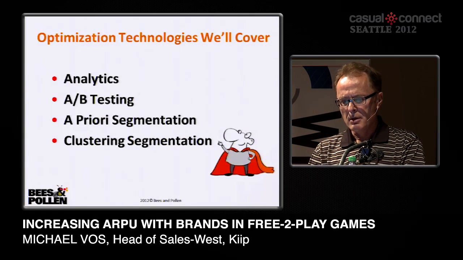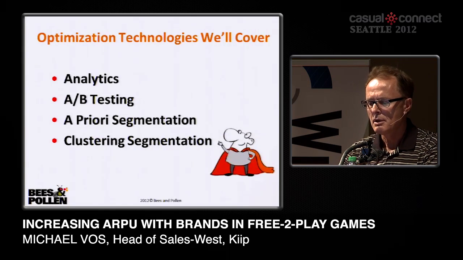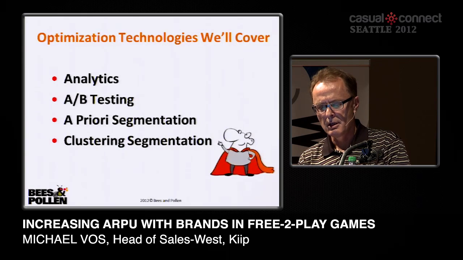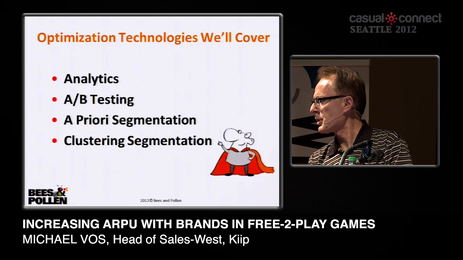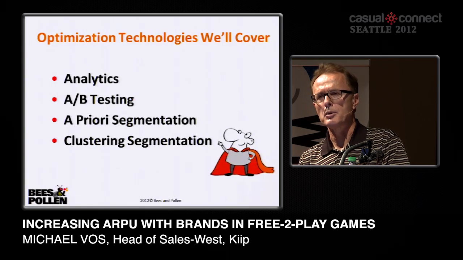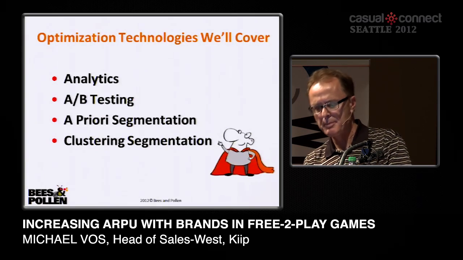So basic analytics, I'll venture to guess that most of you are using some sort of analytics, whether it's developed in-house or purchased as a service. And you have to gauge how well your game is doing and what it's doing, how much money you're making, and so forth. So you definitely have that.